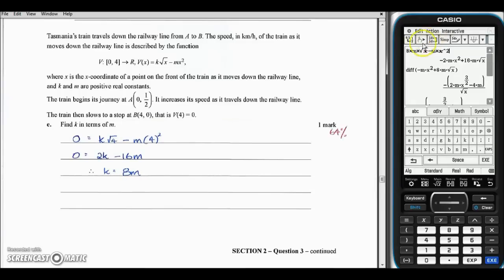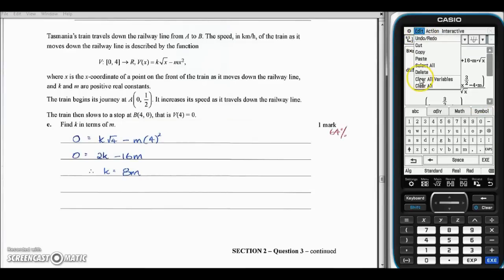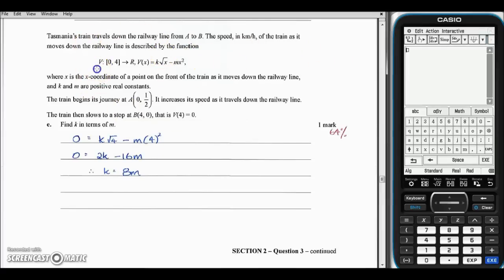Okay, so I'm going to clear the calculator here, which is a sure sign that I've stuffed up. So let's have another go at this. The train is now traveling down the line from A to B, and the speed of that train is given by the function here. We've got a couple of extra parameters in our function, which is annoying.